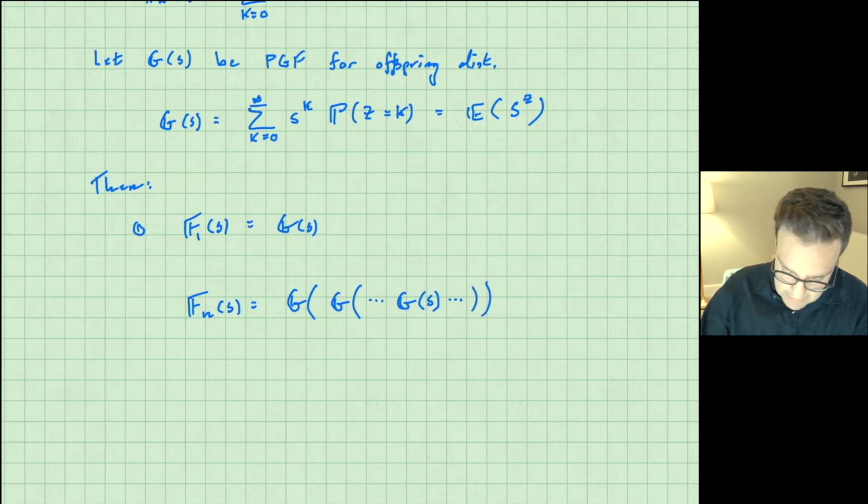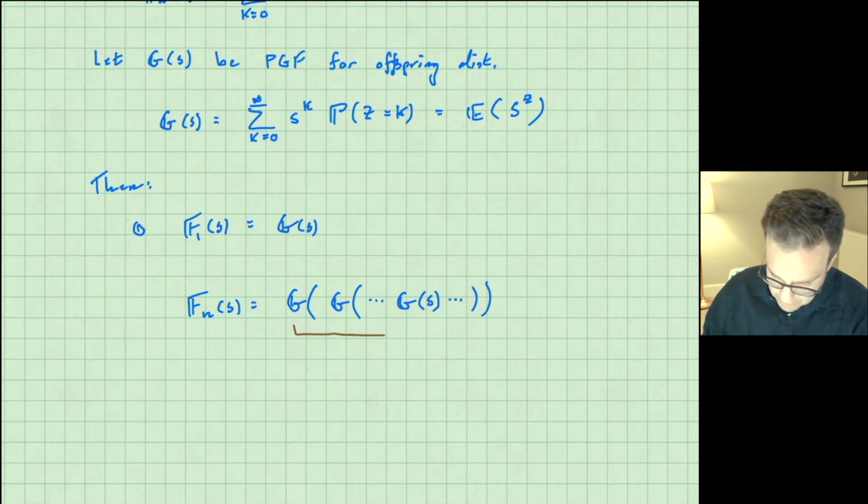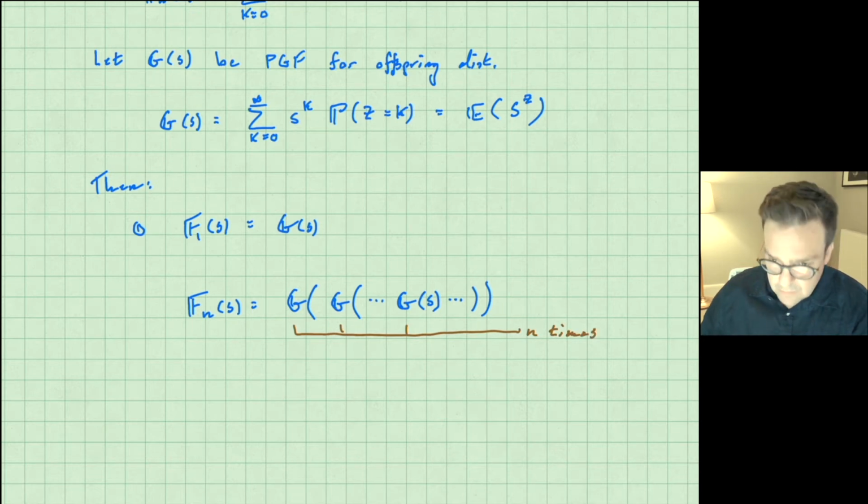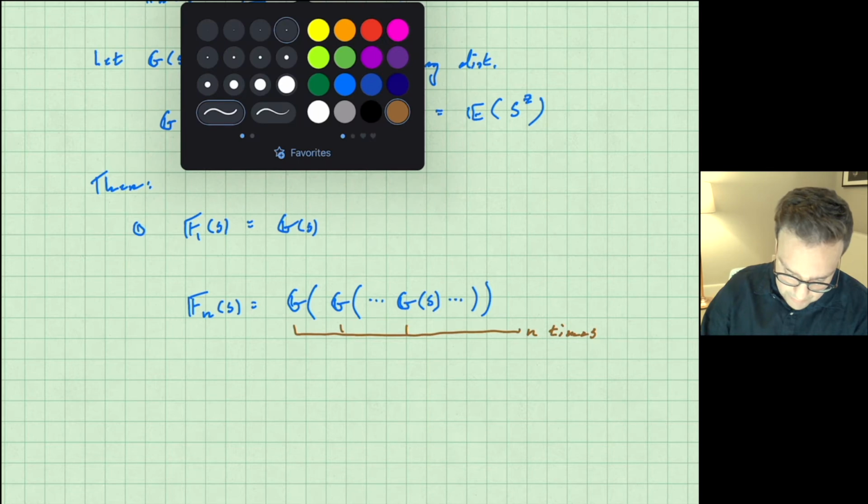The idea is that there are n different G's in this thing. So that's part 2 of the proposition.